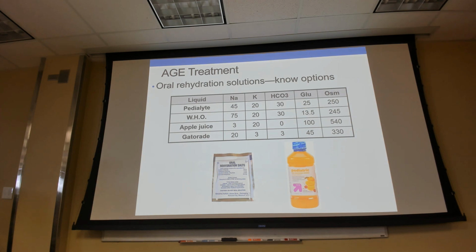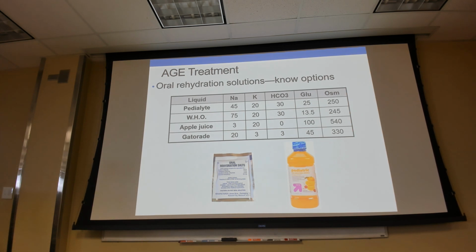If you are trying to say, wow, osmolarity-wise, I really need to get this kid moving, looking at that, oh, apple juice is the way to go. You're thinking, I am on a humanitarian mission, and I just need to get this kid pumped full of as many electrolytes as possible, I need to use the WHO solution.